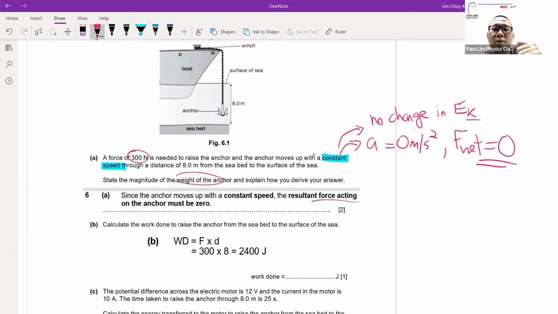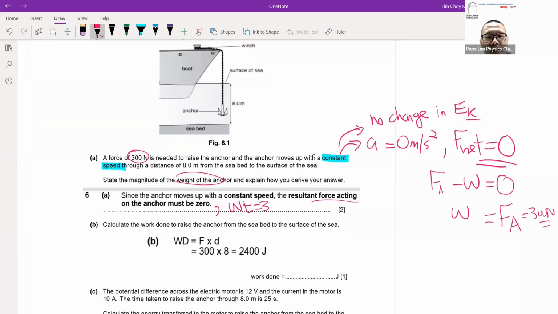The force applied must balance with the weight, and the resultant force of these two will give you 0. So I know the weight will be the same value as the applied force, which is 300 newtons. So the weight will be 300 newtons straight away, 2 marks.